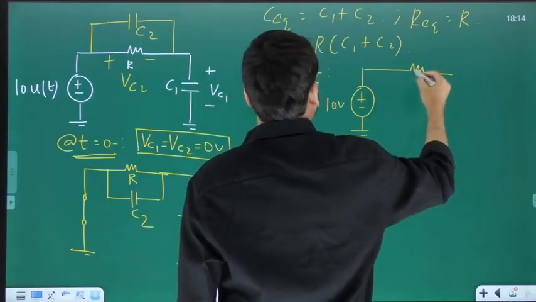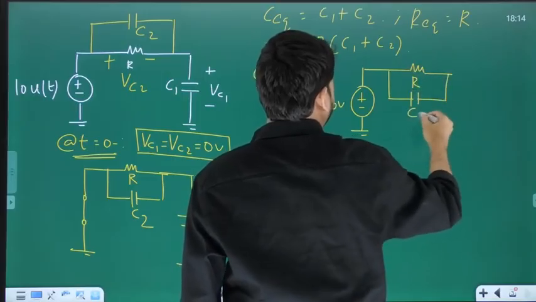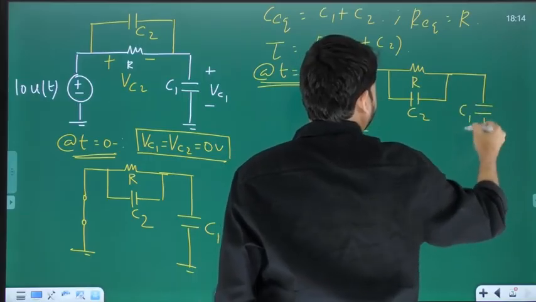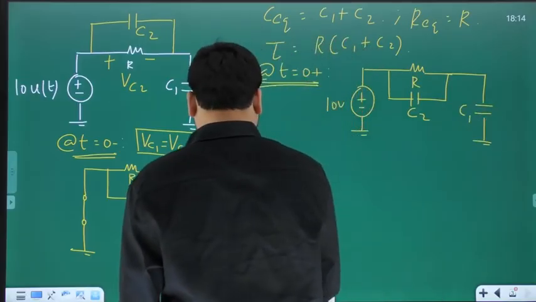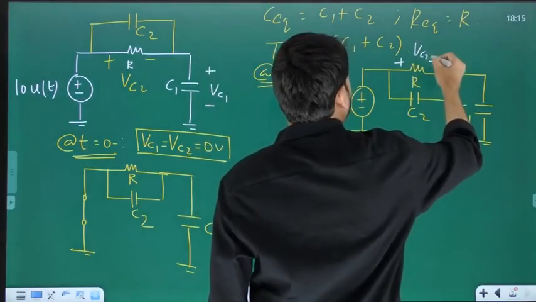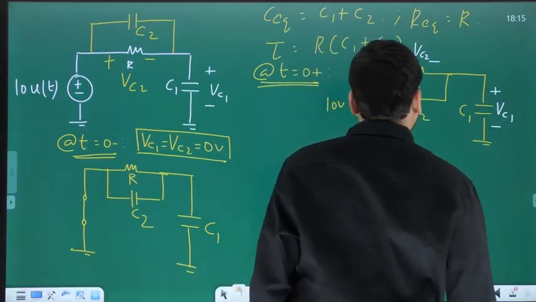And then R, across which we have C2. And then this thing, which is C1, okay? And this voltage drop is VC2, and this voltage drop is VC1.